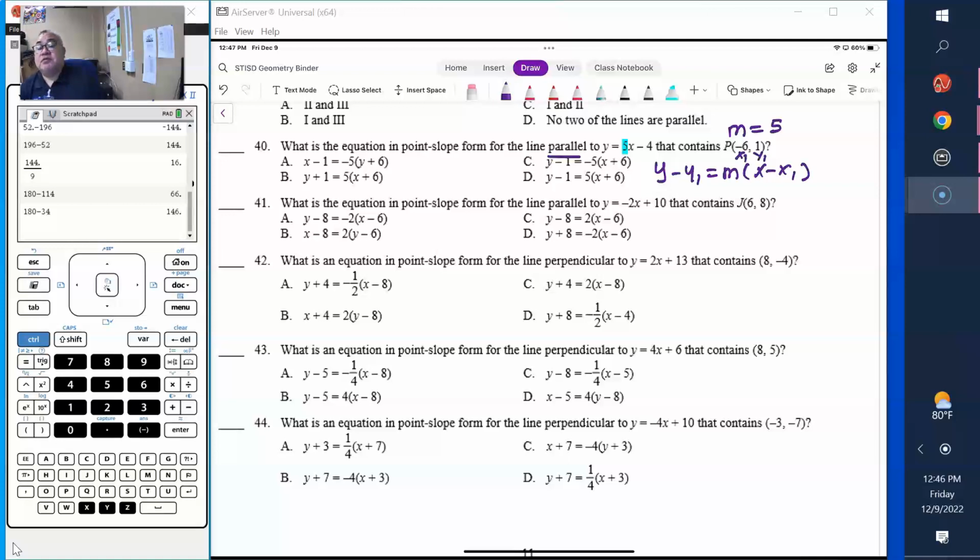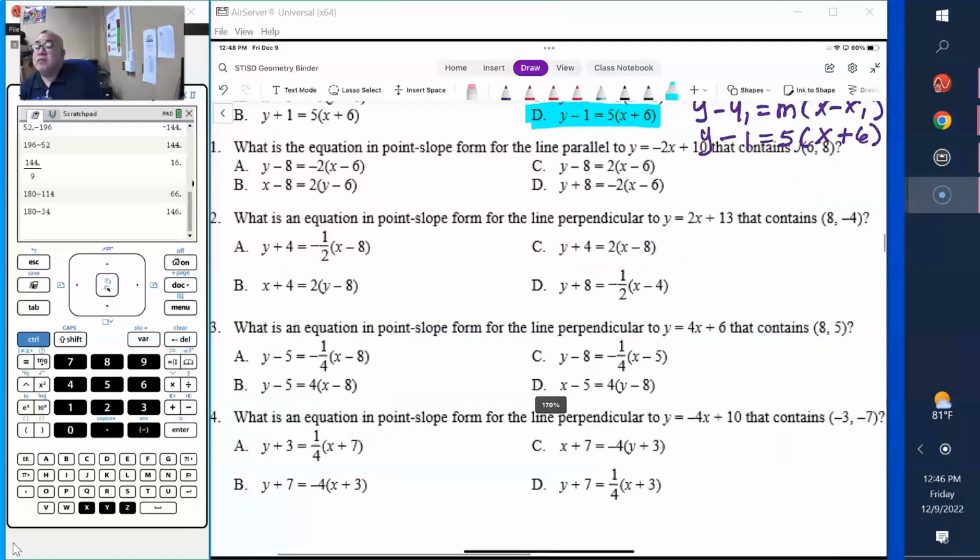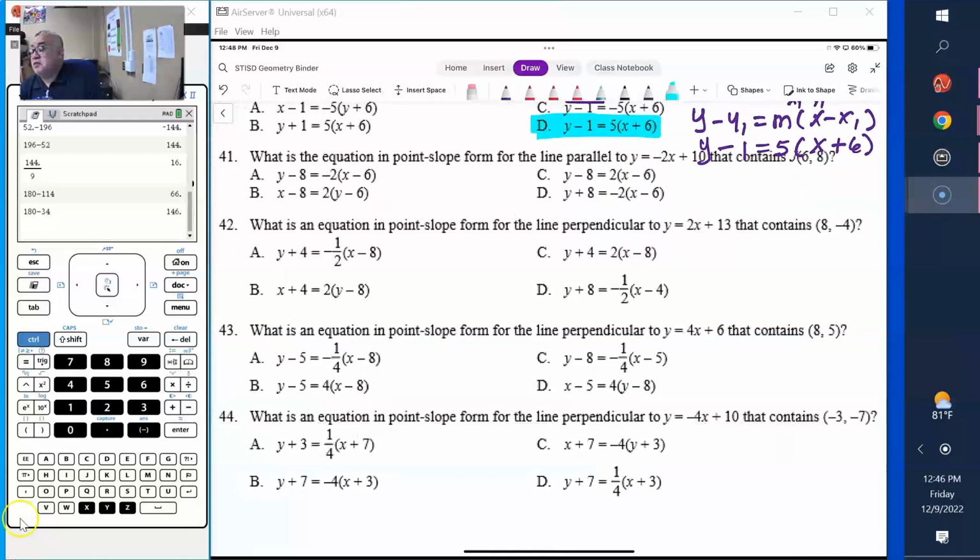So now you just have to substitute. So you have y minus 1 equals 5, parentheses x, minus a negative 6, so it's going to be x plus 6. So your answer is, the only one that fits that description is D. So remember that parallel lines have the same slope.